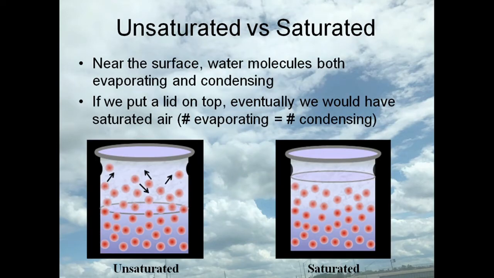Unsaturated versus saturated. Near the surface, water molecules are both evaporating and condensing. You have the ocean evaporating, any water puddles, and the incoming solar radiation from the sun, the heat, bringing that air up, and the water evaporating off the ground, and then reaching its condensation level.